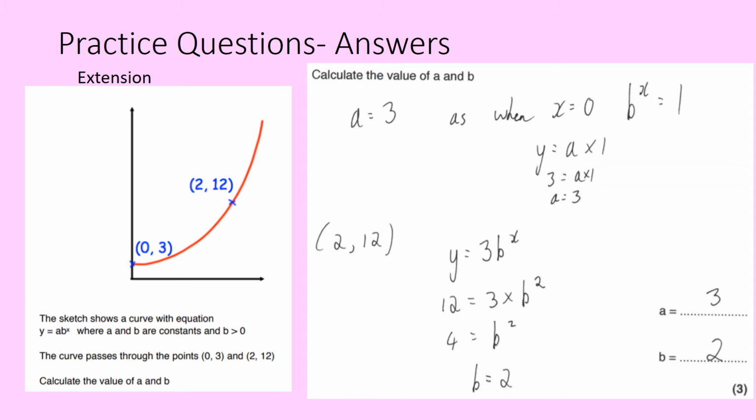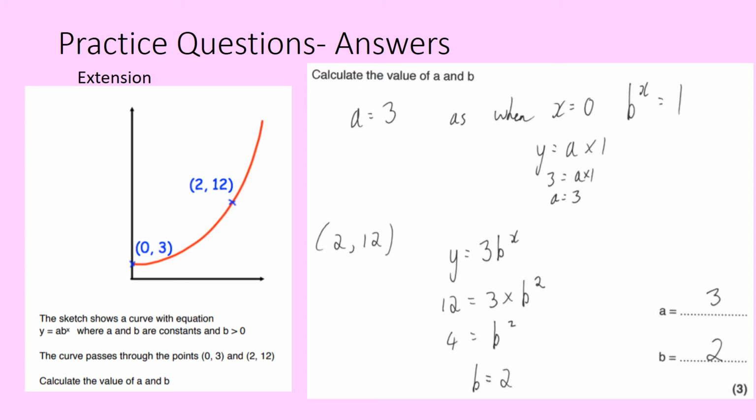So that's really important. So it's going to be in that general form that we would think of the curve. Okay, so we have more information. The curve passes through the points 0, 3 and 2, 12. Calculate the value of a, b.